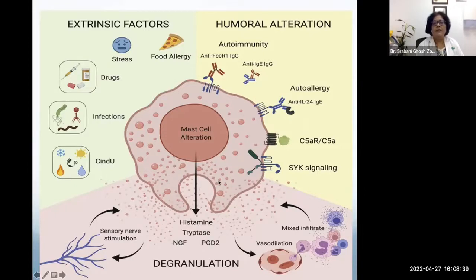And once they're degranulated, there's release of histamine, tryptase, nerve growth factor, prostaglandins. This nerve growth factor stimulates the sensory nerve endings, which gives rise to the intense pruritus in urticaria. And histamine and prostaglandins cause vasodilatation and the edema and erythema, the symptoms that we see in urticaria.